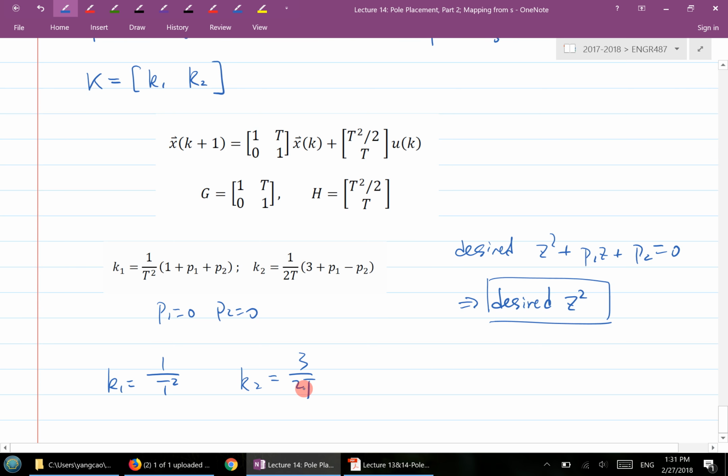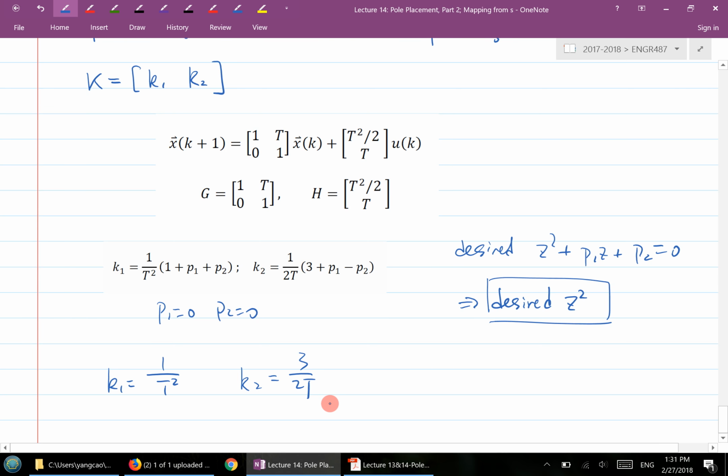So that answers your question: you let the desired poles be at the 0 location, and the gains are not 0. That's your capital K, your gain matrix here. In terms of design, you can basically stop here. That's what gives us a deadbeat response.